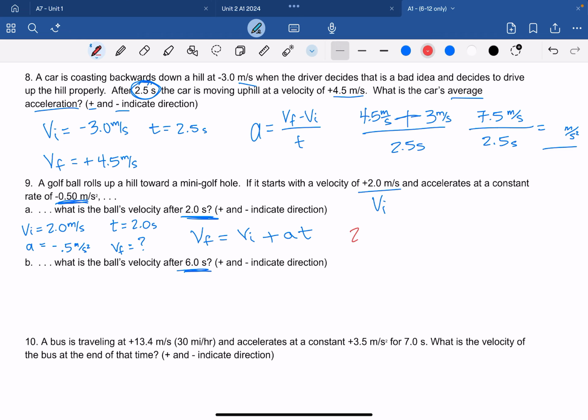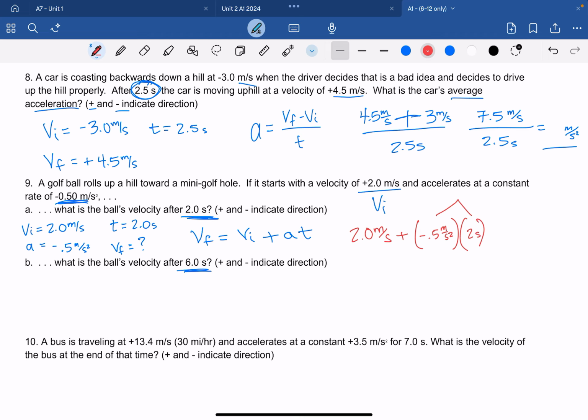Plug in VI, which is 2.0 meters per second, plus acceleration, which in this case is negative 0.5 meters per second squared. And you want to multiply that by your time, which in this one is 2 seconds.